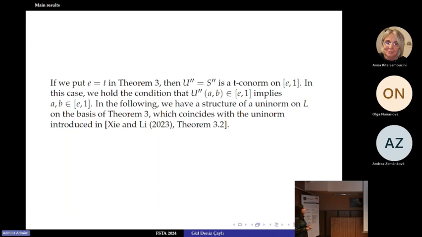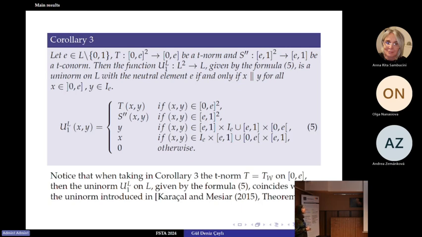If we take in the above theorem E is T, then we have a T conorm satisfying this condition, and we have a structure of a uninorm presented by the formula phi. Here, if we consider the drastic T conorm, then this uninorm coincides with the ones defined in this paper.